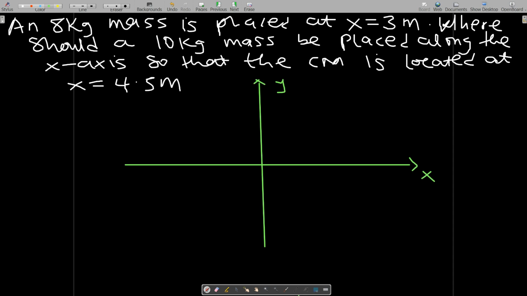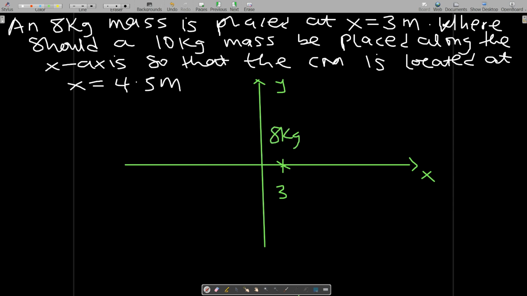Okay, now with this, you're saying that when you move on the x-axis 3 meters, let's say here is 3 meters, we have a mass located at here, m1, and the mass here at this point is what, 8 kilograms.